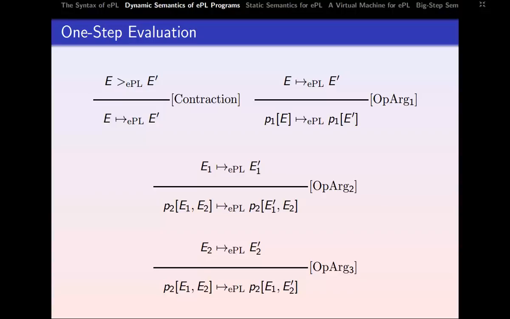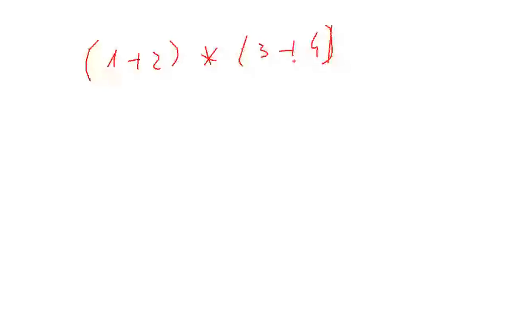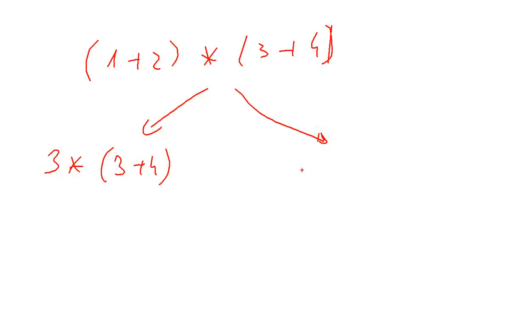This performs essentially an operation that you know from mathematics as substitution, right? So if you have an expression like 1 + 2 times 3 + 4, right? So 1 + 2 contracts to 3, and 3 + 4 contracts to 7. So I can say that the next step of this expression, right, one possible way this can go is 3 times 3 + 4. Another way this can go is 1 + 2 times 7, right?